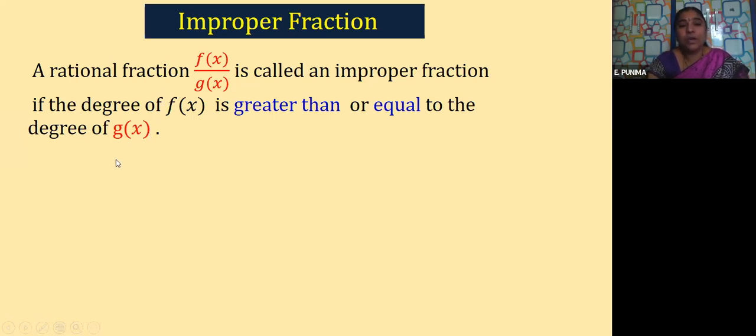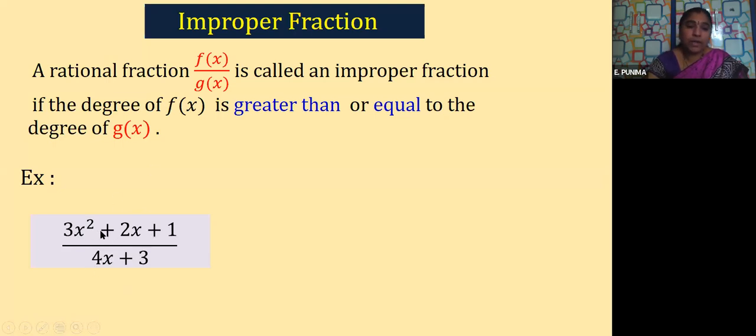Now, what is it mathematically? Let us see with an example. Suppose this is the fraction I have: 3x square plus 2x plus 1 by 4x plus 3. What is there in the numerator? You have a quadratic polynomial, yes or not? So the degree of this is 2.